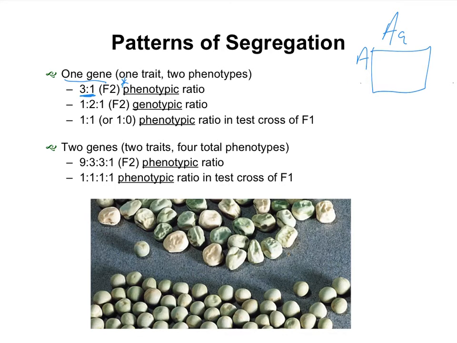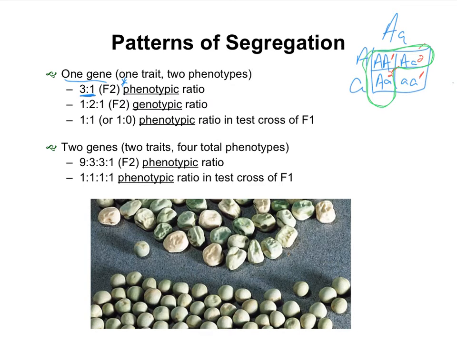When you have that, what happens is you end up with only 1 out of 4 for the homozygous dominant, and then 2 out of 4. There's 2 of these. But if you look at the phenotype, what you see is 3 phenotypes that are all the same.